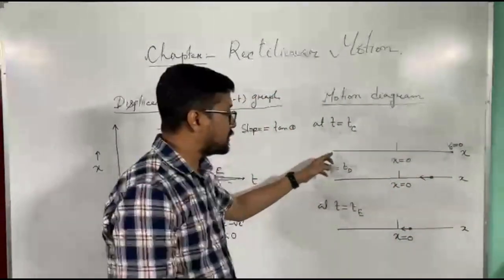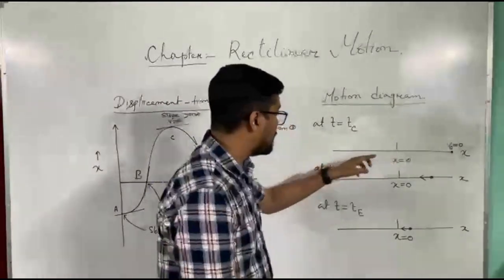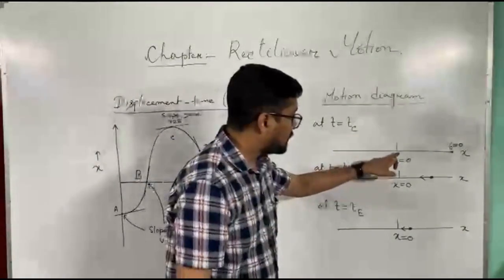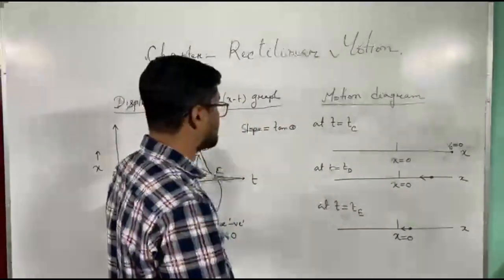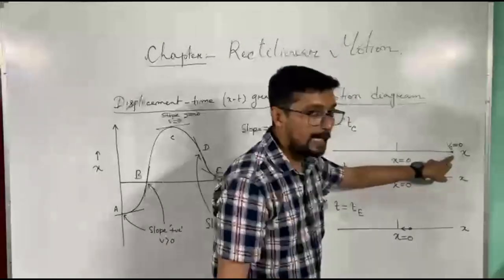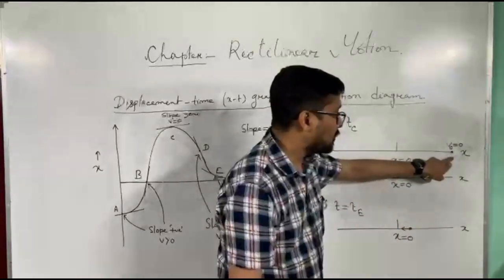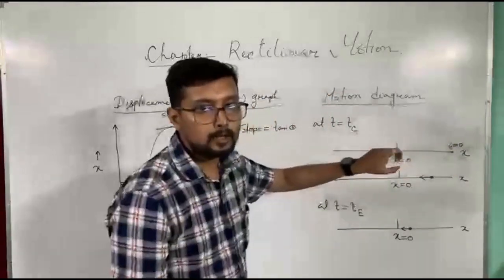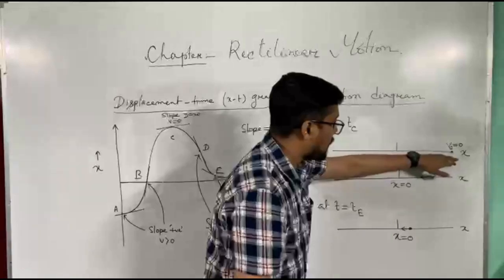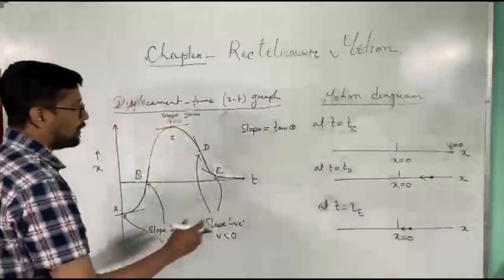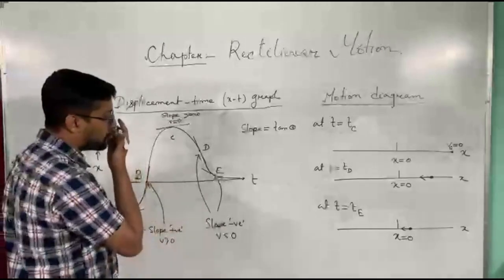That means the object initially started here, then at t equal to tb it came to the origin, and at t equal to tc the object has arrived at its extreme positive x position, and here the object momentarily stops. Now let us see how it further proceeds as per this xt diagram.